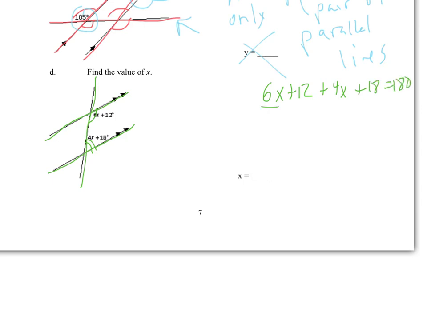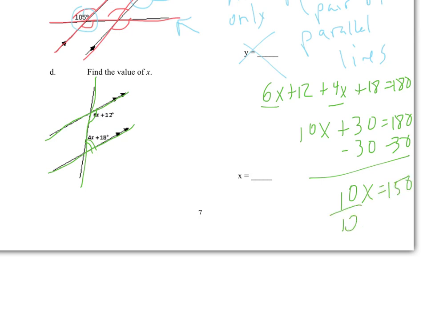We'll combine like terms. That's 10x plus 30 equals 180. Subtract 30. Divide by 10. And we get x equals 15. That would be our solution.